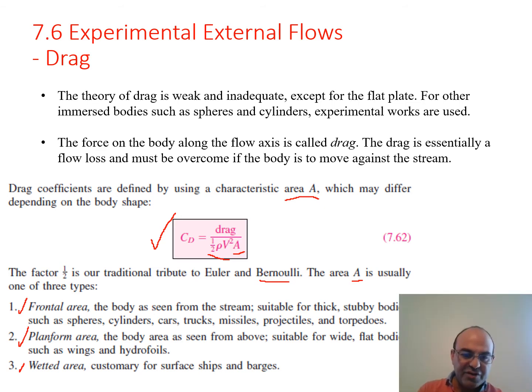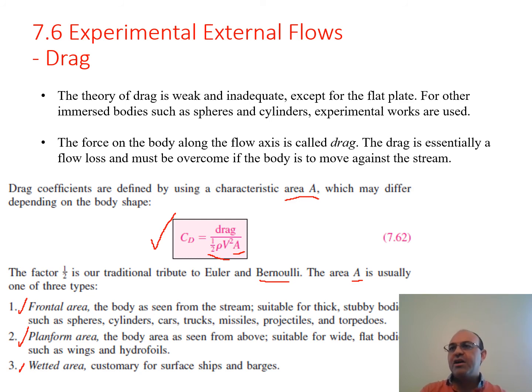Then another area would be the planform area, the body area as seen from above. In the case of a flat plate, we didn't actually use the area as seen from the front. We used the area as seen from the top. So it's good for wide flat bodies such as wings and hydrofoils.